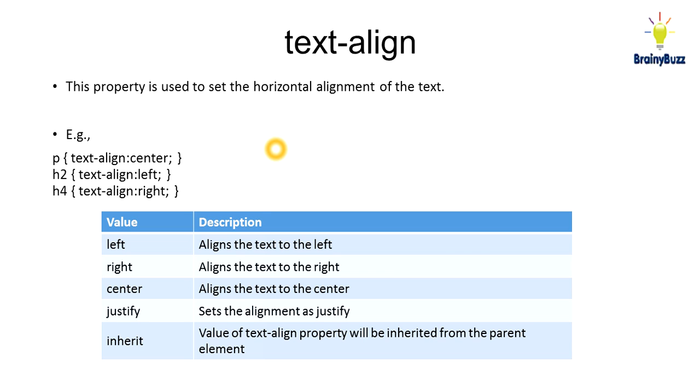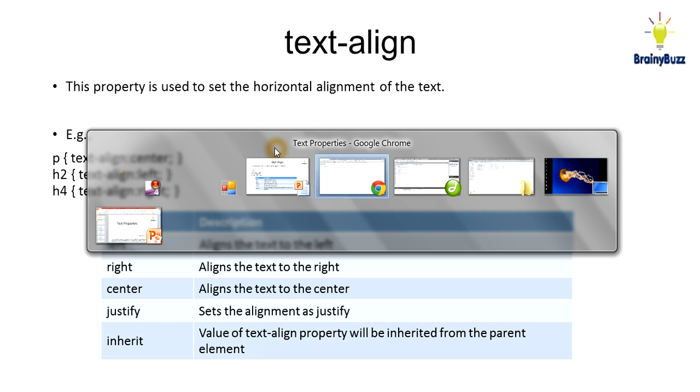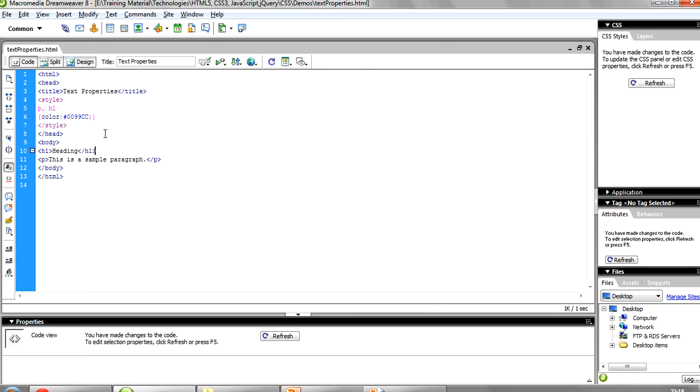Another thing is we have the text align property, whether you want your text to be center aligned or justified or left aligned or right aligned. So I'll write text align and choose center.